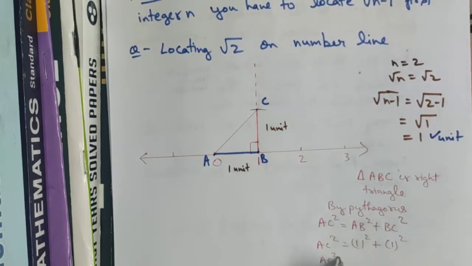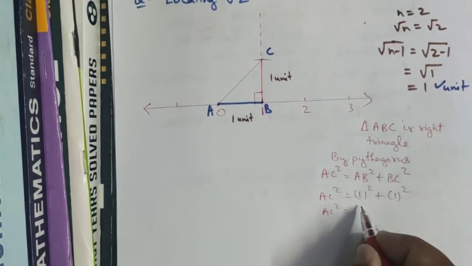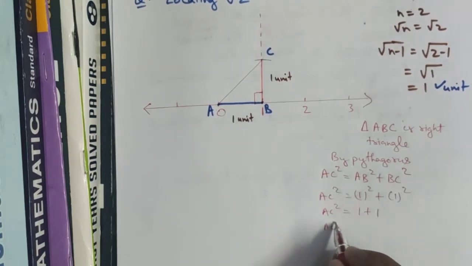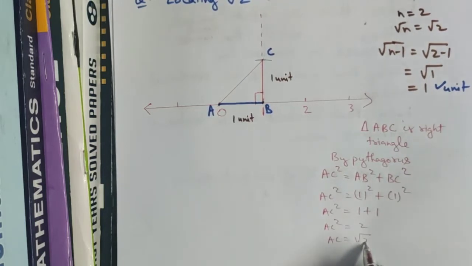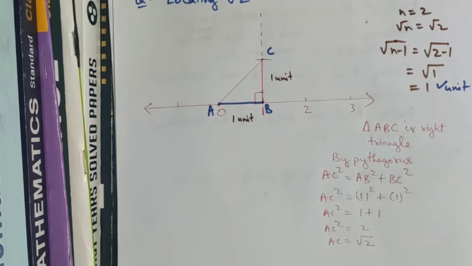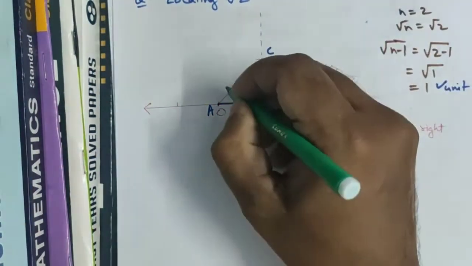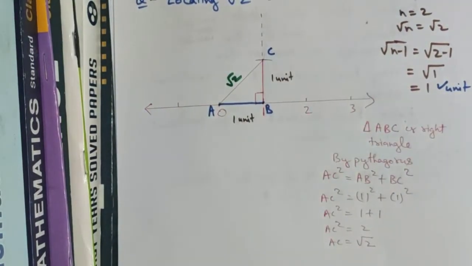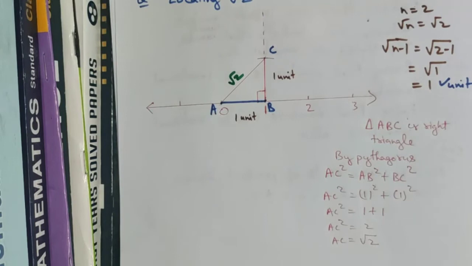So AC square is equal to 1 plus 1. AC square is equal to 2. AC is equal to root 2. So we have got this measurement AC equal to root 2, but we have to represent it on the number line.